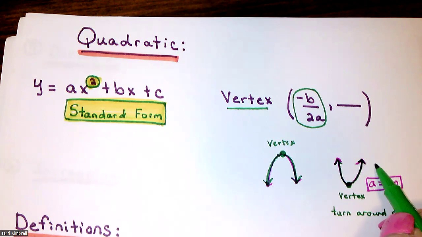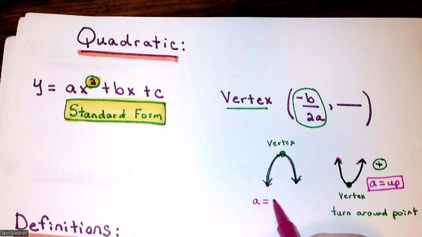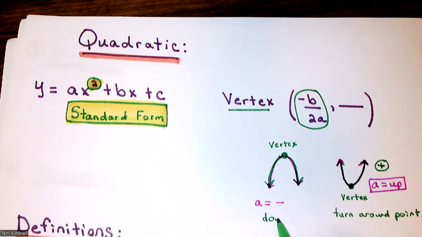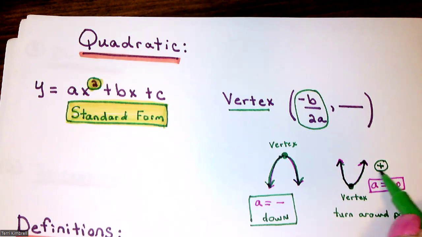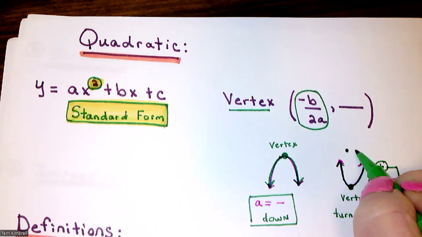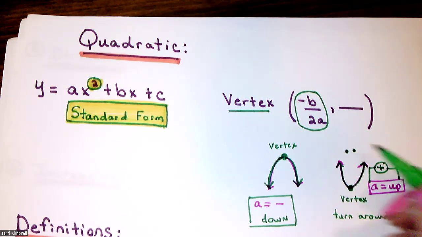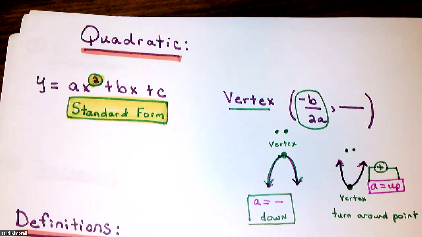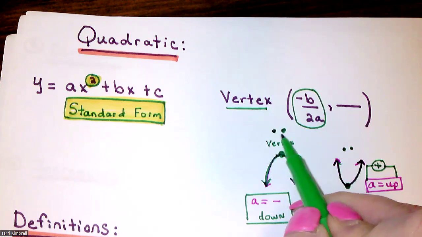So if A is positive, it's going to open up. If your A is negative, it's going to open down. Okay, so if A is positive, it's going to open up, just like a positive person. If A is negative, it's going to open down, just like a negative person.